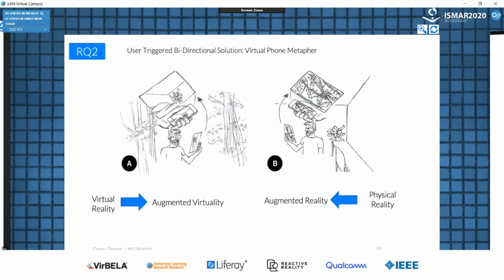So we can transition here from the virtual reality to the augmented reality, and in the same way from the physical reality to the augmented reality. This metaphor already affords interactions such as zooming in and out of the reality, tapping to draw attention to something, and interacting with virtual objects.